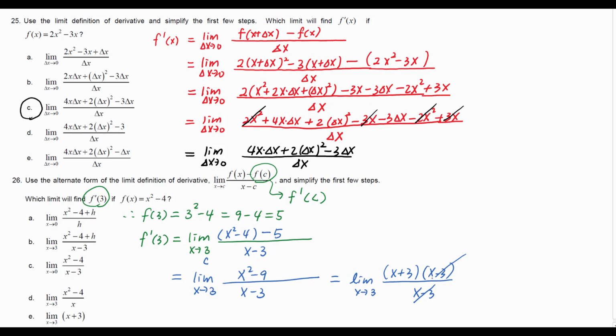And when I cancel the common factor, I have limit as x approaches 3 of x plus 3. When you see the answer choices, they didn't actually ask to find f prime of 3. They're asking, when you do a few steps, which one of the following do you get? So you see the answer is E, and you can stop here.